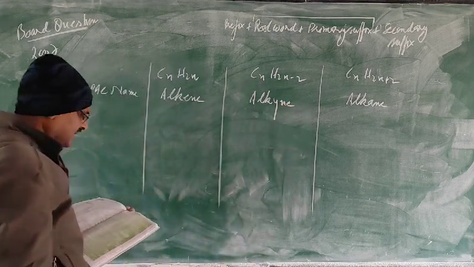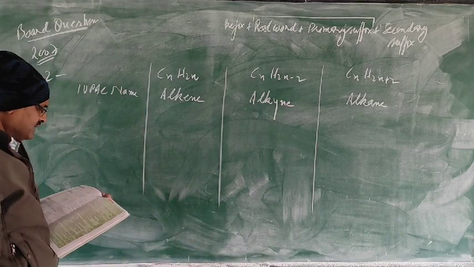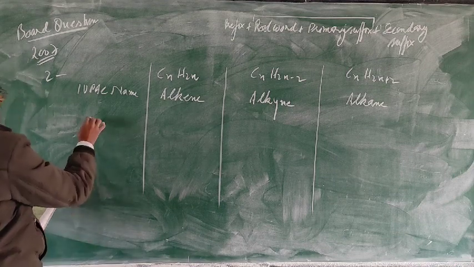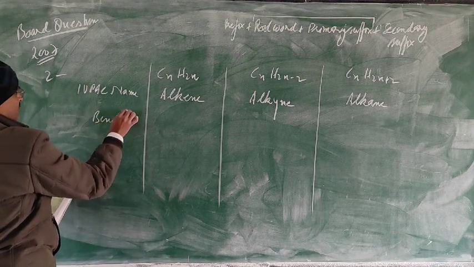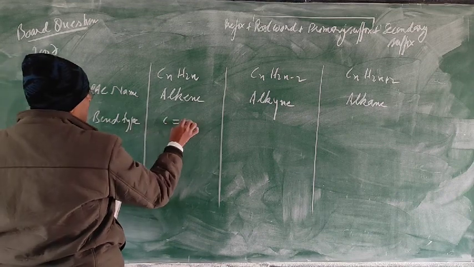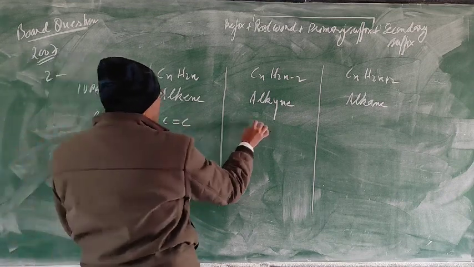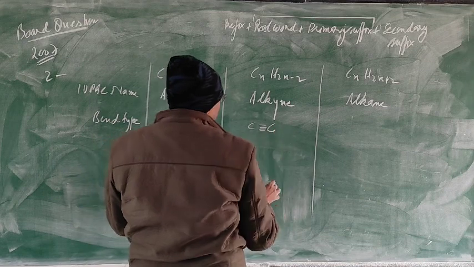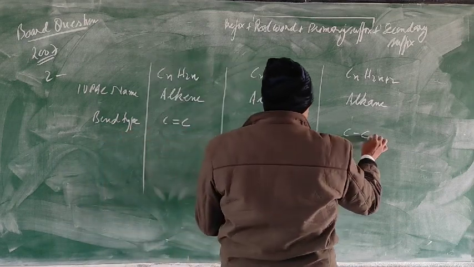Now the second thing asked is the characteristic bond type: here carbon-carbon double bond, here carbon-carbon triple bond, here carbon-carbon single bond.